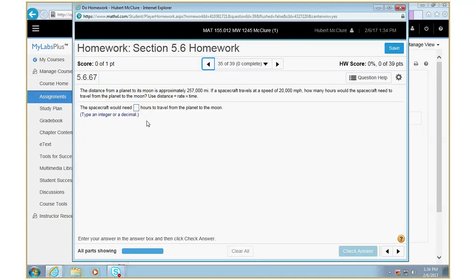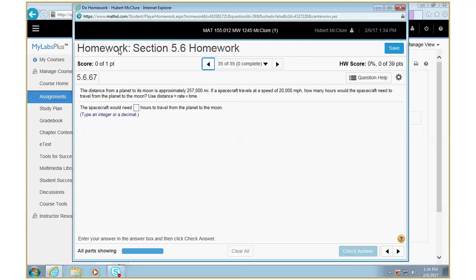But usually, when you do one like this, you need to think, okay, let's drop all the big numbers. The distance from a planet to its moon is approximately 257, blah, blah, blah. How many hours would it take to, okay, the distance from Anderson to Spartanburg is 70 miles.